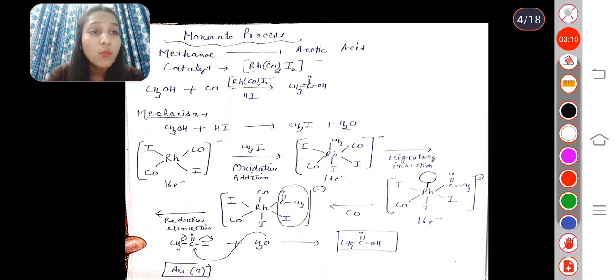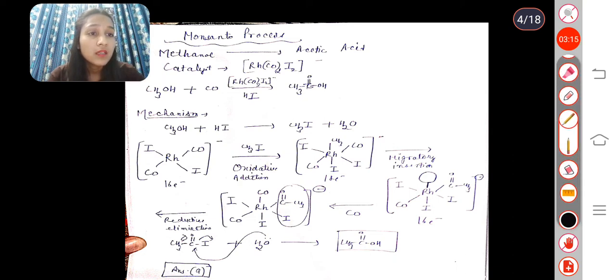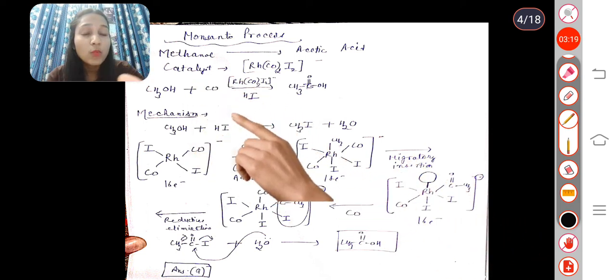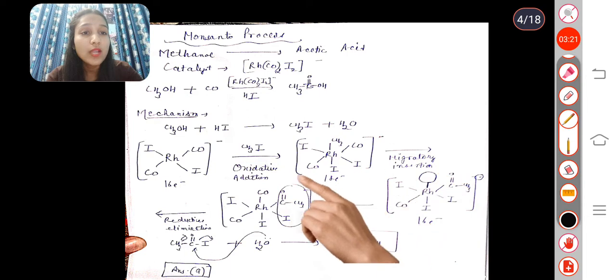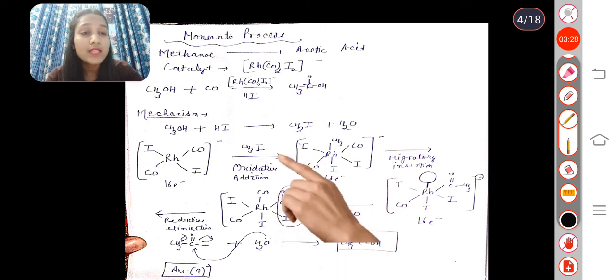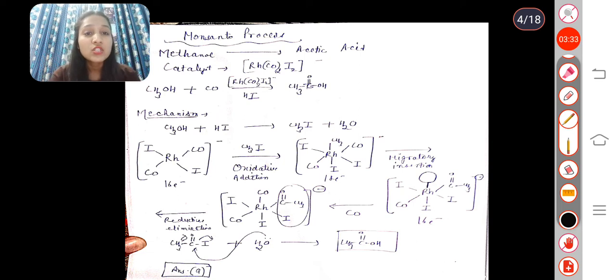After that they undergo migratory insertion here. So space is left here. CO is here as co-catalyst. Then CO enters this space. At the last step it undergoes reductive elimination. So these two are removed as reductive elimination, and here we will have CH3C double bond O I. Then H2O attacks as a nucleophile, and finally we are here with our product, that is acetic acid.